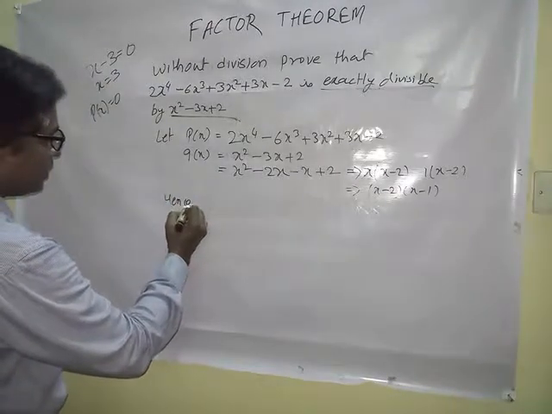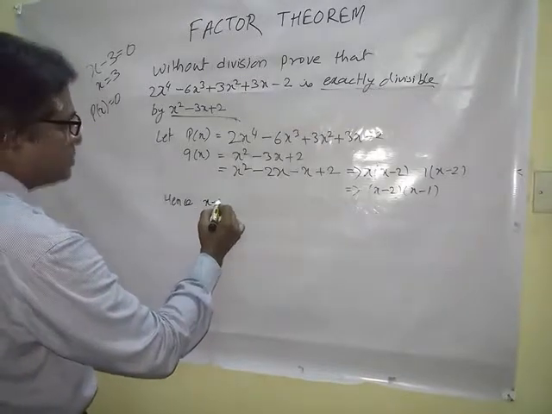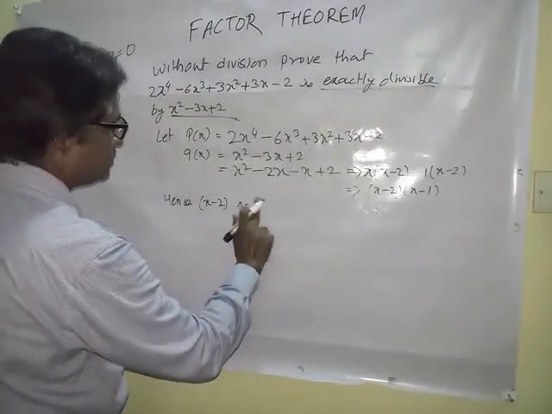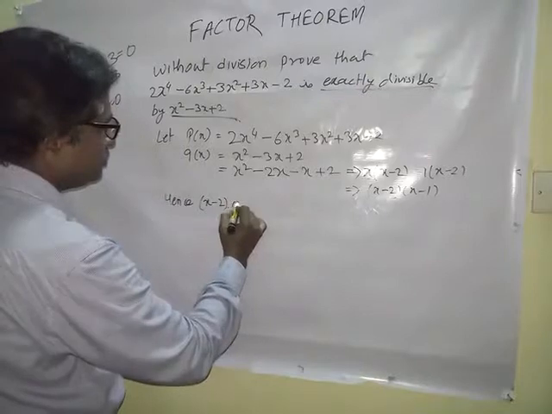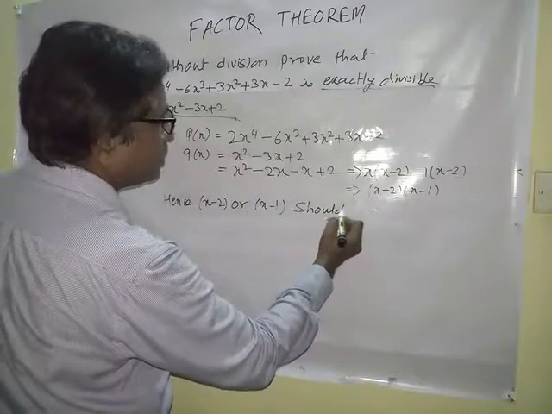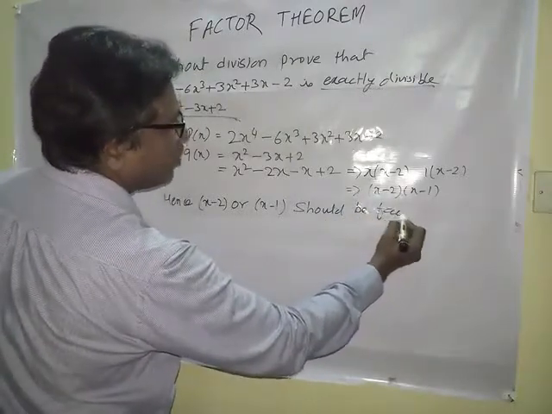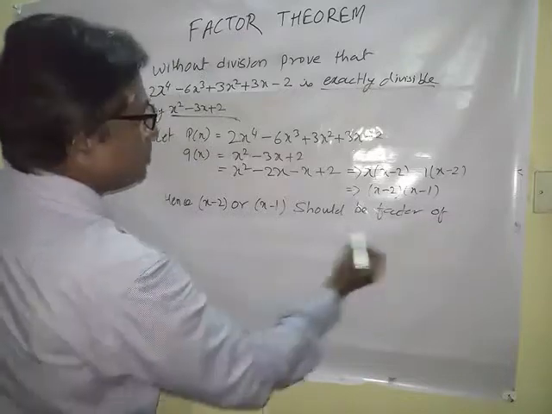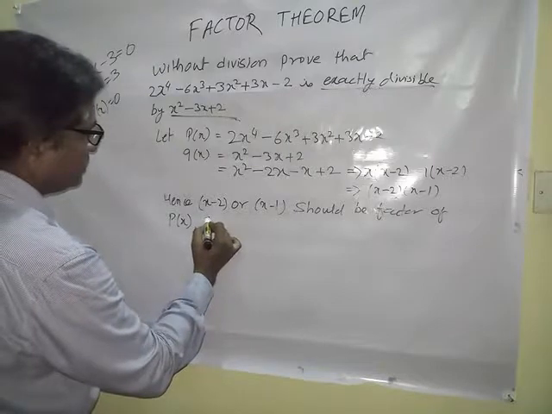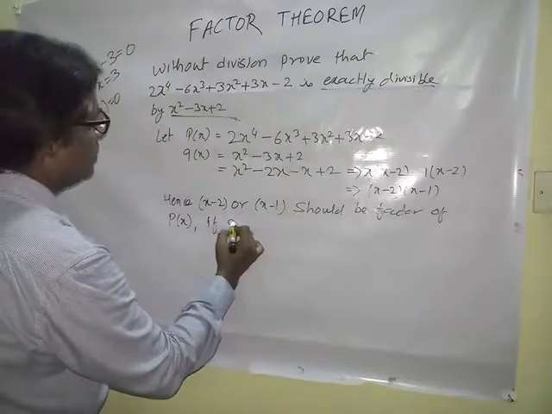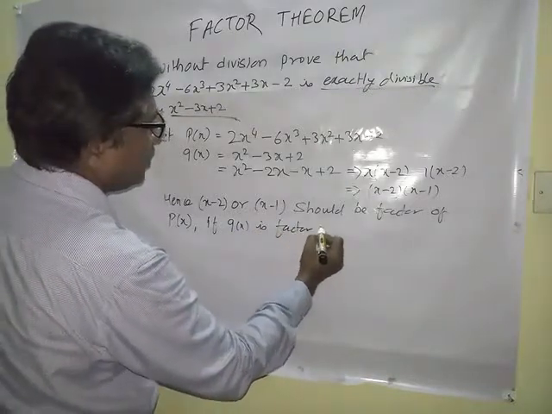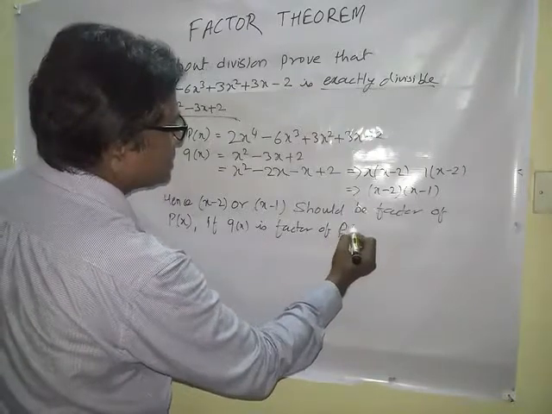Hence, x minus 2 and x minus 1 should be factors of px if qx is a factor of px.